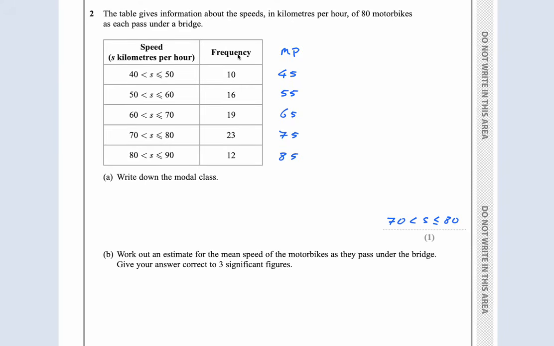Then frequency times midpoint. I have to do the midpoint times the frequency. I have to do this times this to give me the total speeds of all the 80 motorbikes.